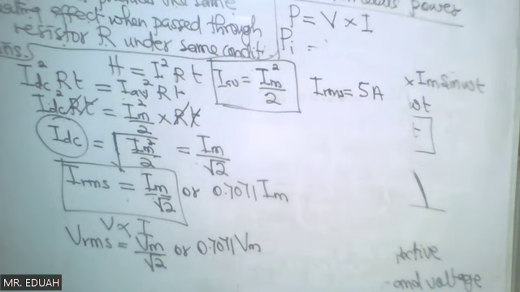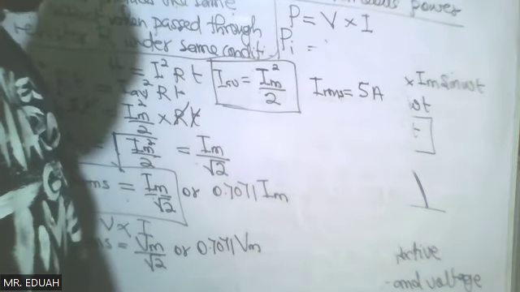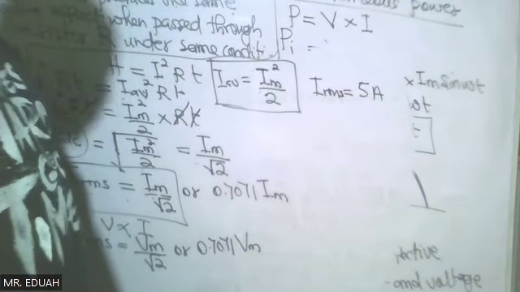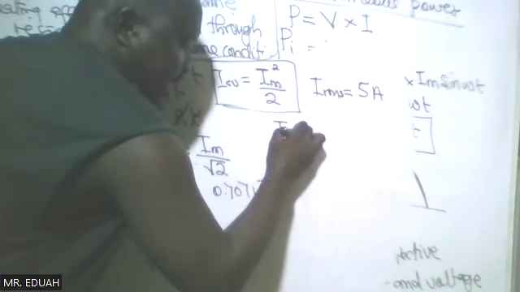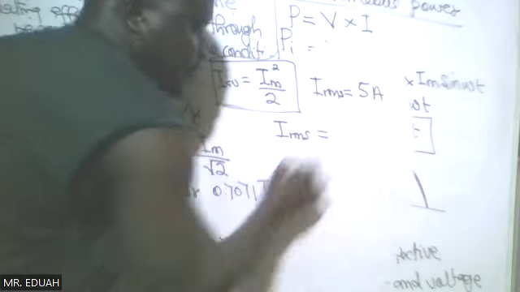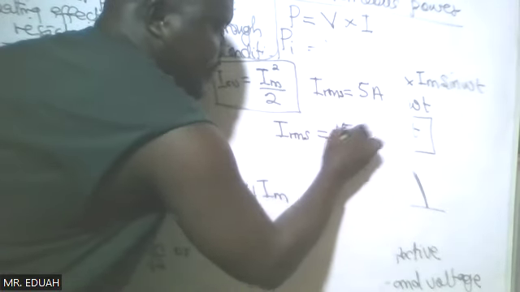Deborah, explain to me what this means. I_RMS current is 15 ampere. What does it mean?